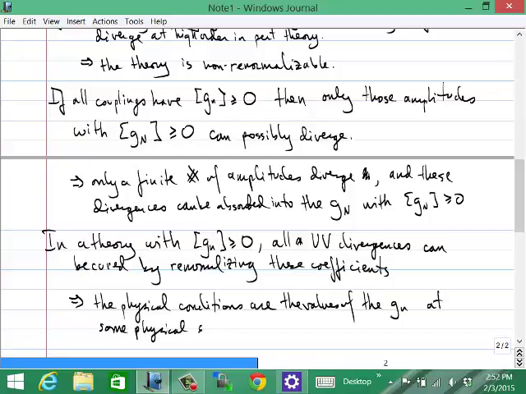For example, in the case of QED, we set the mass of the electron and the electric charge at some physical scale. For the electric charge, it was convenient to set it at very long wavelength. For the mass of the electron, we set it at some physical mass.